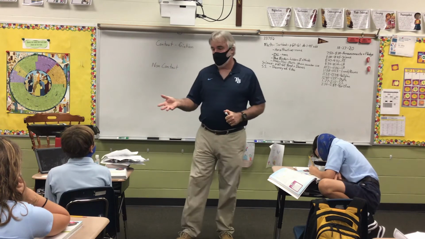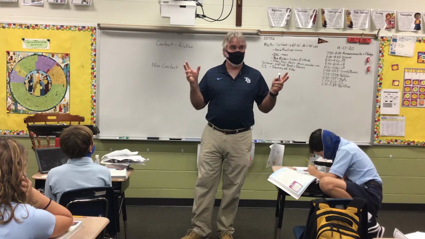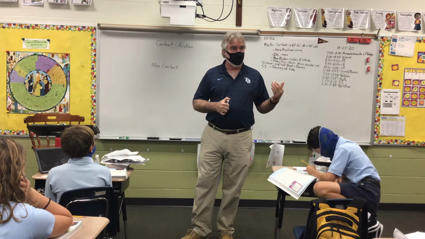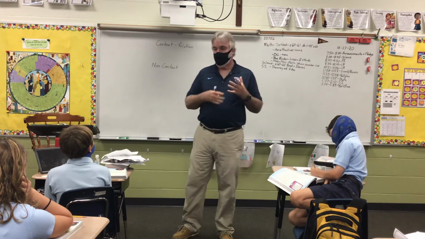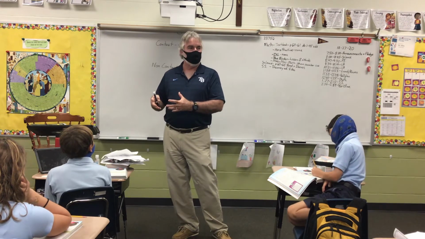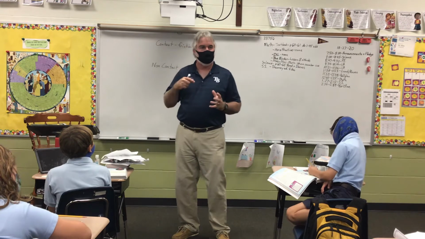Okay? And we are talking about it with Hurricane Zeta right now. Because with that hurricane, once it goes over land, it dwindles down. It weakens because it's running into the friction of the land.